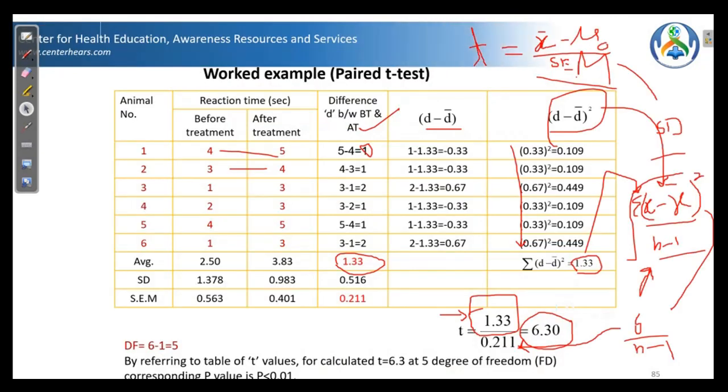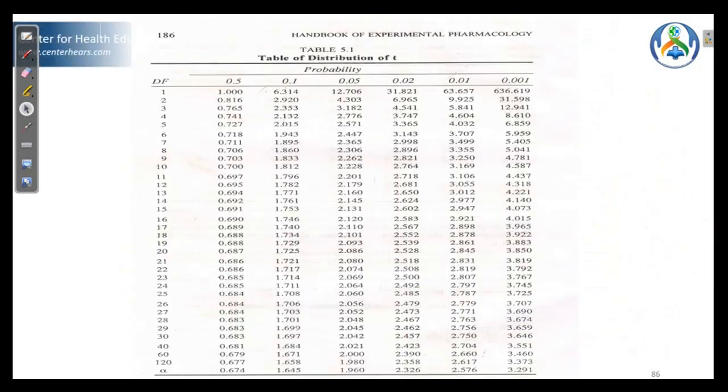You have T 6.30. So at degree of freedom 5, 6.30 is somewhere in between this.